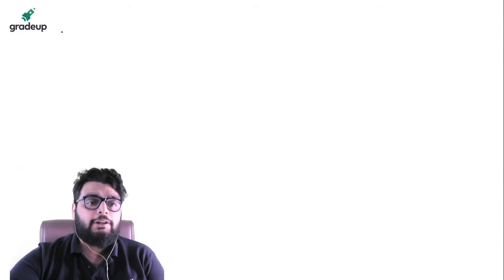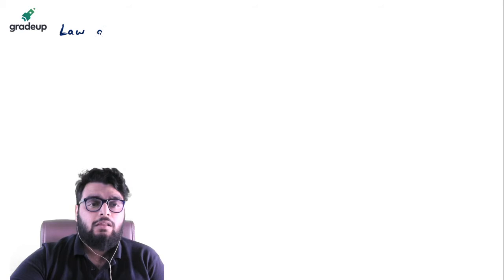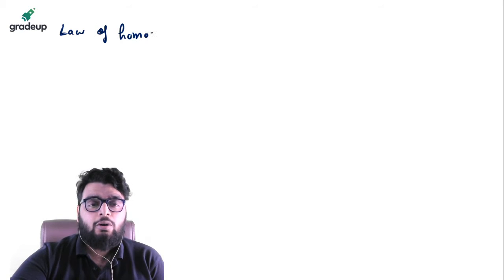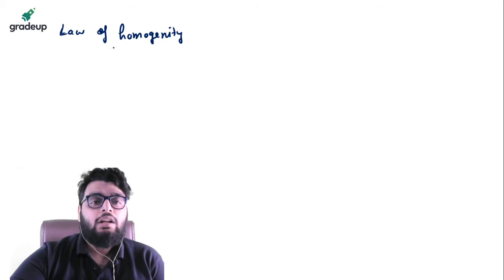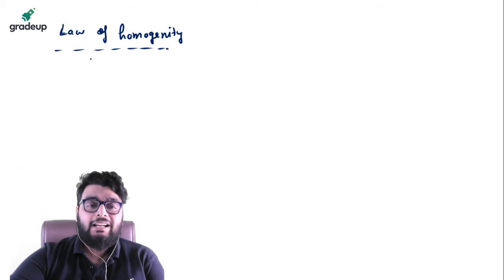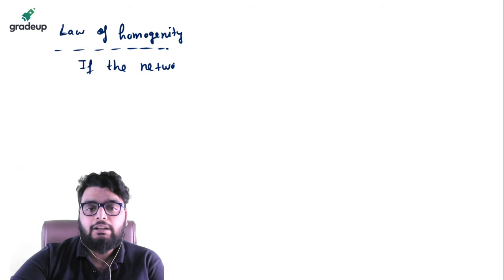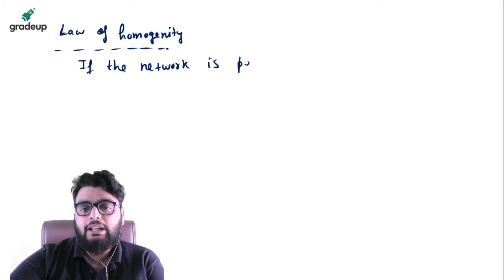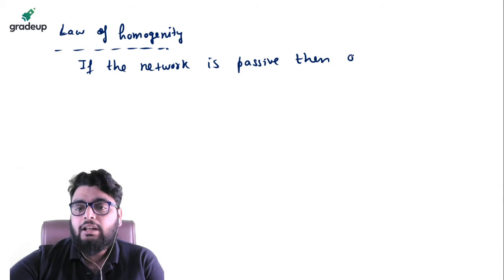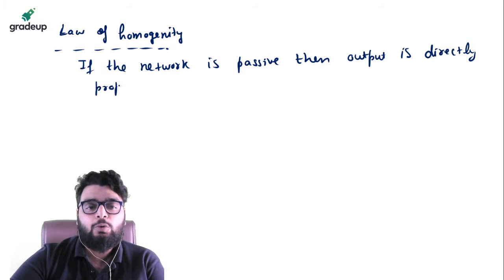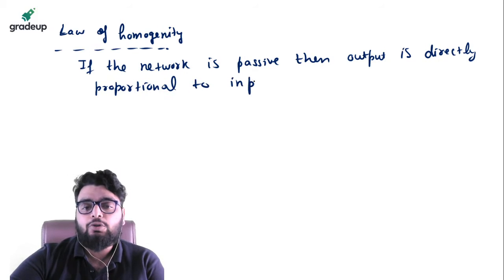So what is the law of homogeneity? A very, very simple law. The law of homogeneity tells us that if the network is passive, then the output is directly proportional to the input.